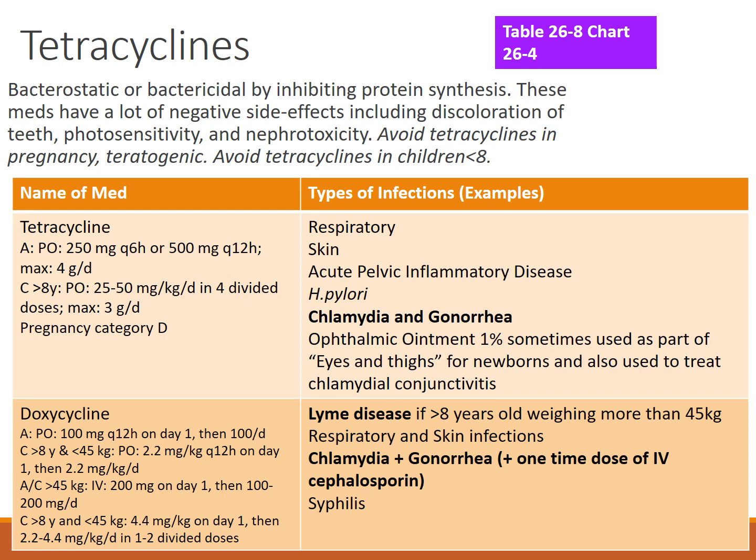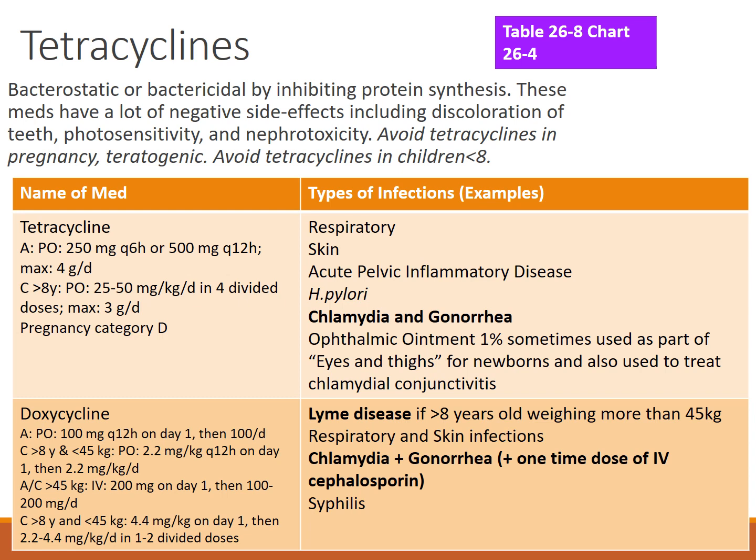So in some places, instead of erythromycin, they use tetracycline ophthalmic ointment instead. Or if we have a high-risk population, a child that's at high risk for this. It's also used for respiratory infections, skin, acute pelvic inflammatory disease, and sometimes used to treat H. pylori, which, as we know, is a leading cause of gastric ulcers.